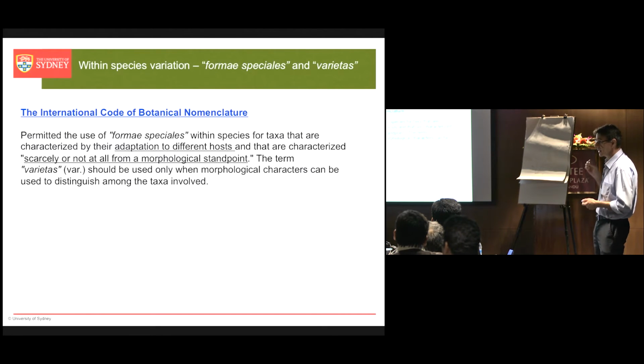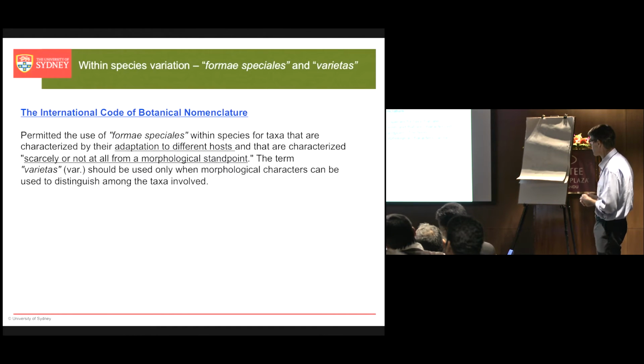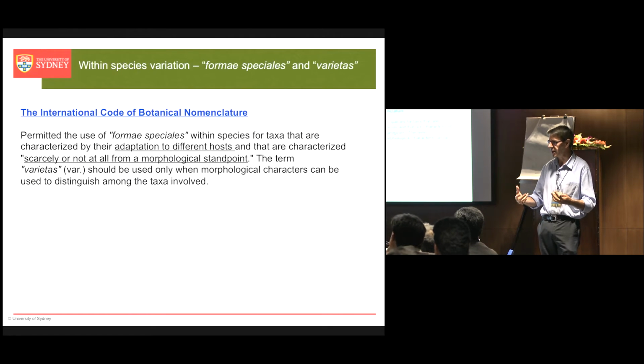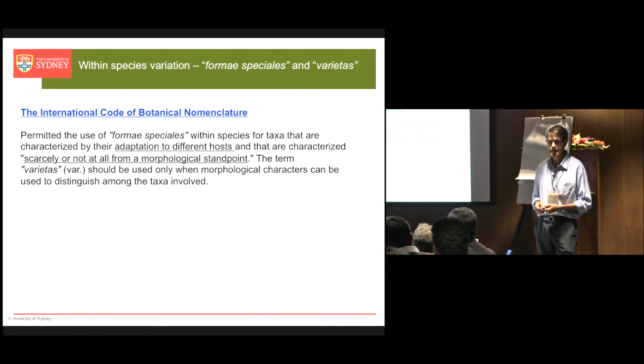And it allowed the use of the term forma specialis within species for taxa that are characterised by their adaptation to different hosts and that are characterised scarcely or not at all from a morphological standpoint. So what this means is we can take two forms of a particular species that show host specialisation, but morphologically they are the same. They don't look any different, but they are specialised to different hosts. This was the original definition of the forma specialis.